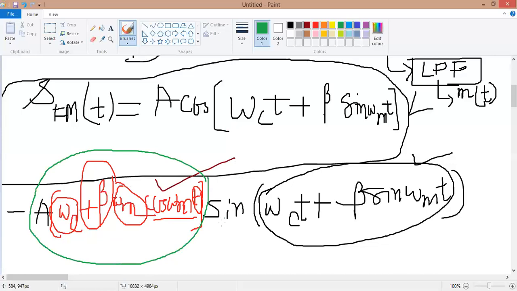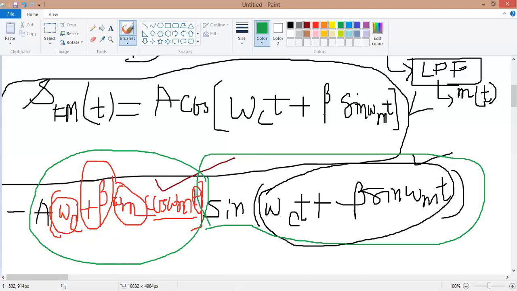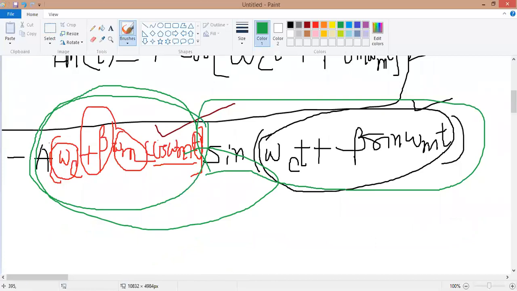Now this frequency modulated signal is also associated with a certain variation in amplitude. So what I can say is that it is an amplitude modulated portion, an amplitude modulated signal. How do we obtain that amplitude variation?